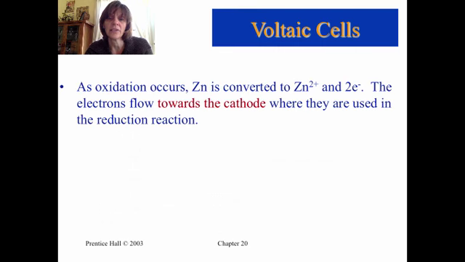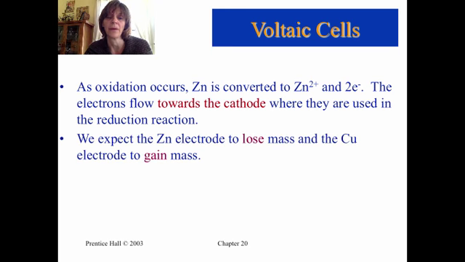As oxidation occurs, the zinc is converted to zinc 2+ with 2 electrons, and the electrons flow toward the cathode through the wire, where they are used to cause the reduction to happen. And that's where the copper electrode gains electrons and therefore gains mass by reducing those copper ions back to copper metal.